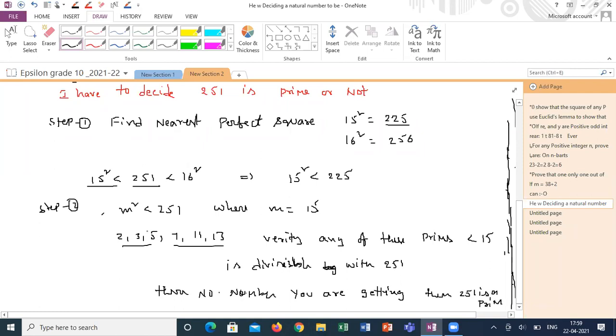Suppose you find any one prime that divides 251 and leaves the remainder 0, then the given number is not a prime.